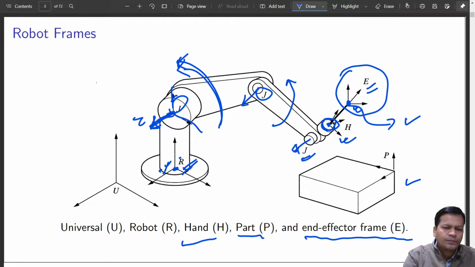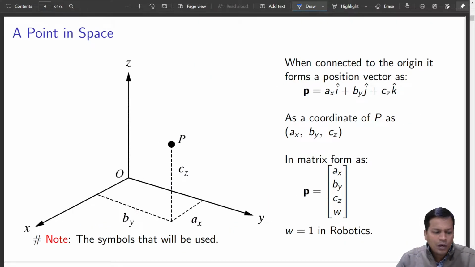So now let us do some coordinate geometry here, or the vector or matrix way of understanding a point in space. This is how a point is represented in space.